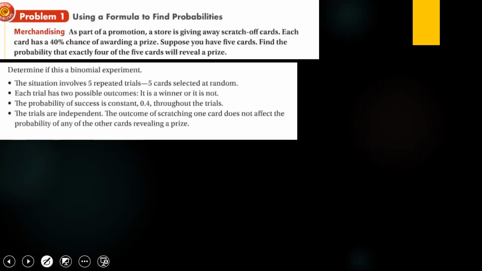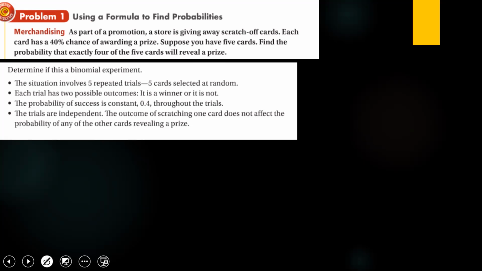When you scratch it, you can win and you can lose. So we have 40% of win and a percent to lose. So I'm talking about binomial distribution.